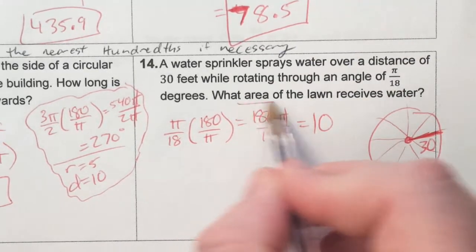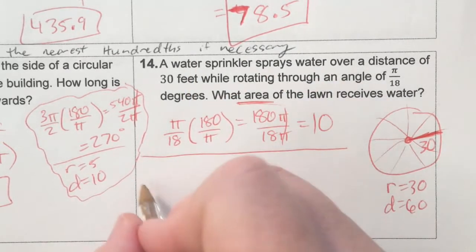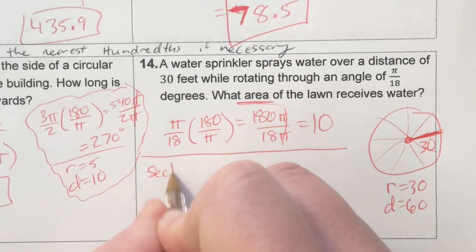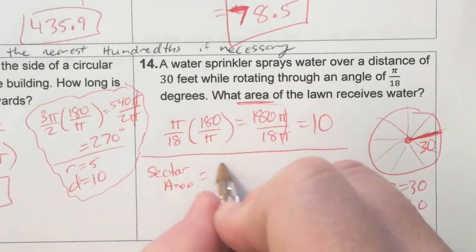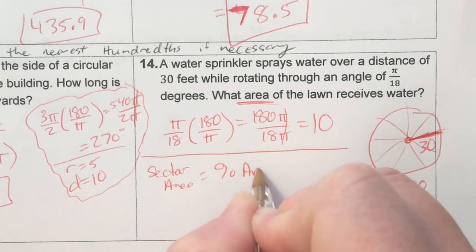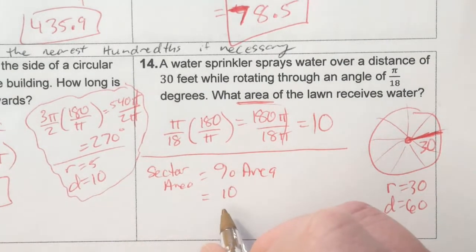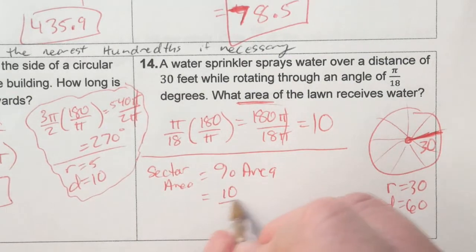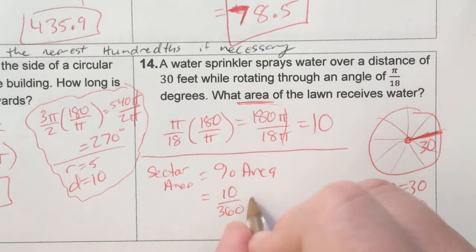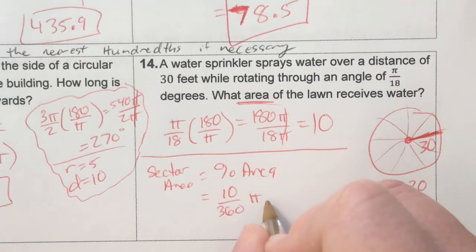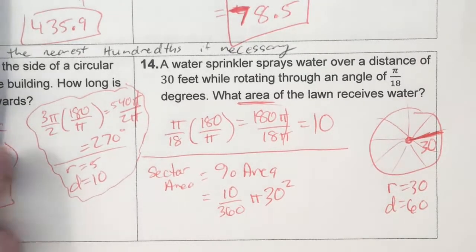How much area does the water cover? So we want the sector area on this one. So that would be percentage of the area. That is the angle, which is 10, over 360, times pi radius squared. Radius is 30 squared. Put that in the calculator, right?